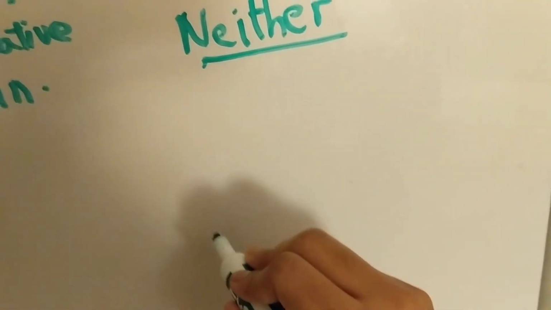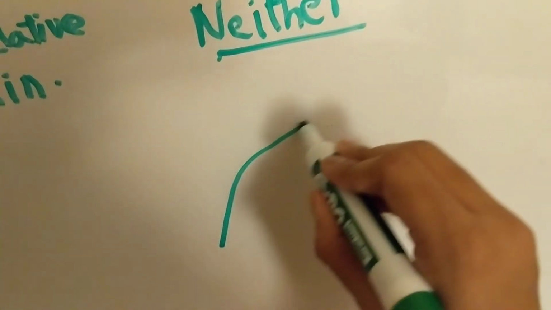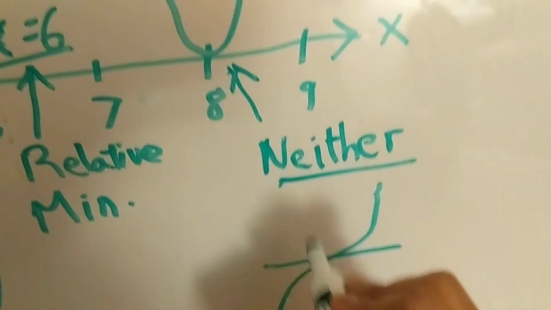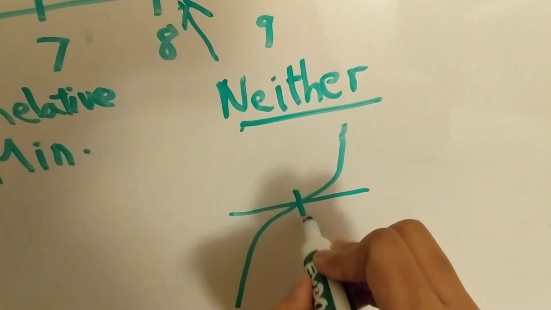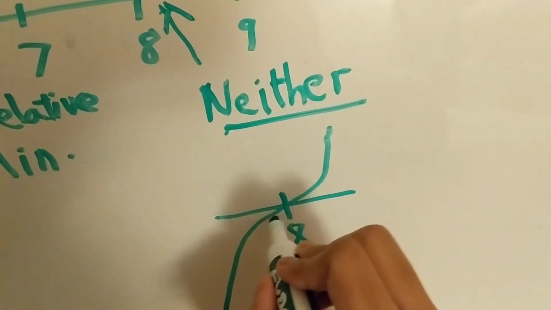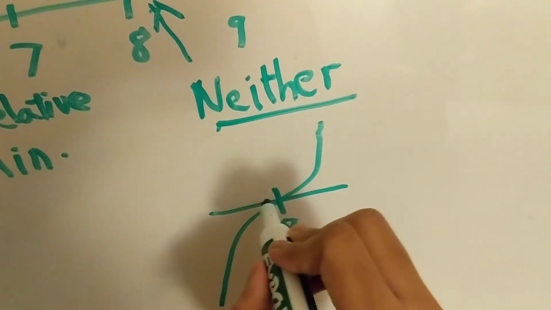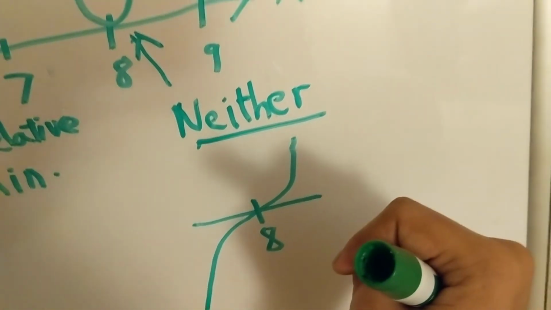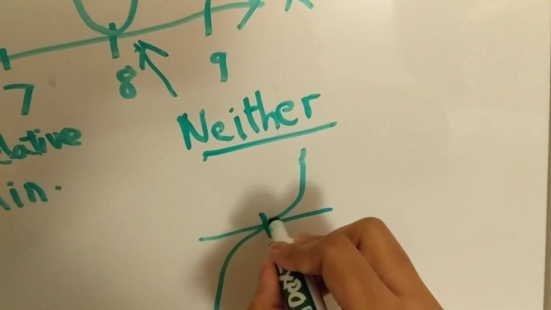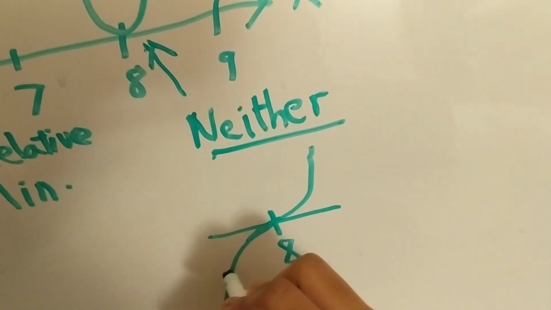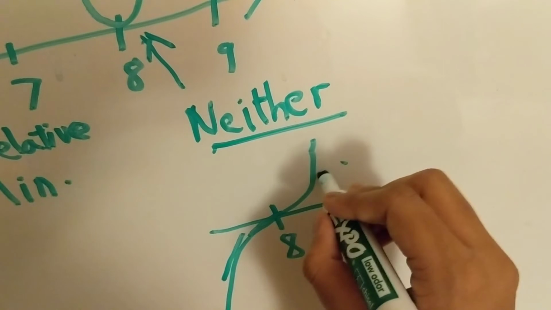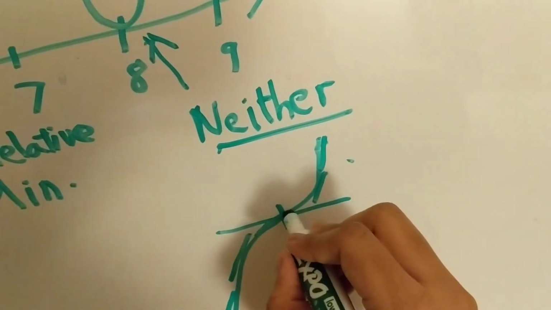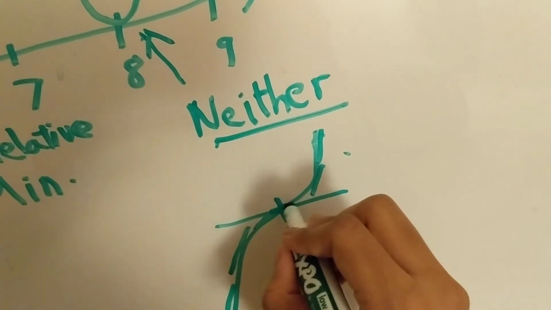Well, it might look kind of like this on f of x. If we were to draw f of x, at x equals 8, we might notice this sort of thing. You'll notice that the slope eventually does come to 0 right here, but the slope is still positive everywhere. Right about here, the slope will be 0.